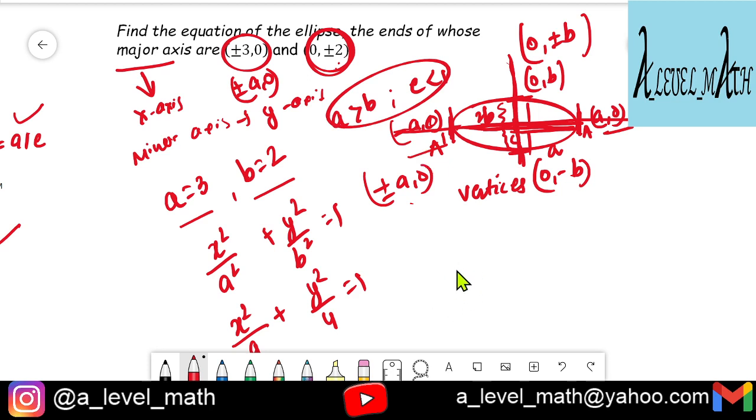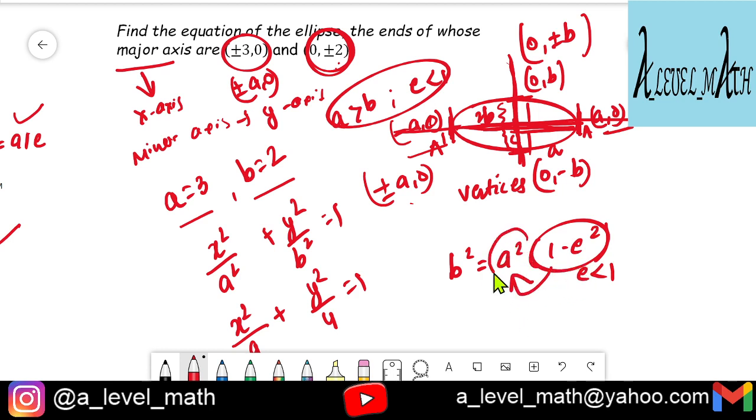If you look closely at this formula that we have, b square is equal to a square times 1 minus e square. If you take e to be less than 1, then this quantity becomes a proper fraction, and if you multiply anything with a proper fraction, it reduces its value. So 1 minus e square when multiplied to a square reduces the value of a square.